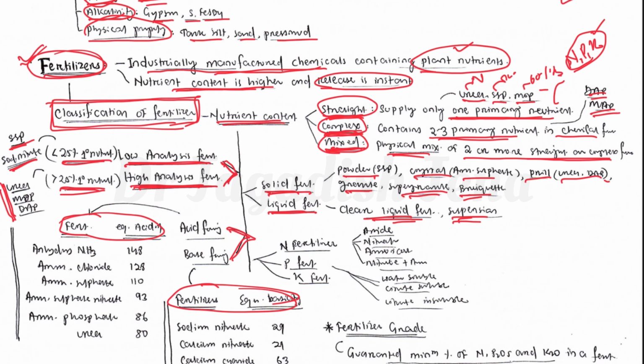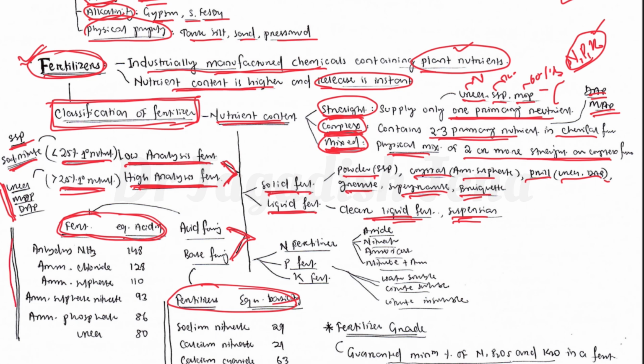So what is acidic fertilizer or equivalent acidity? It is the quantity of calcium carbonate that is required to neutralize the acid formed by the particular fertilizer. So that is acid equivalent or equivalent acidity.